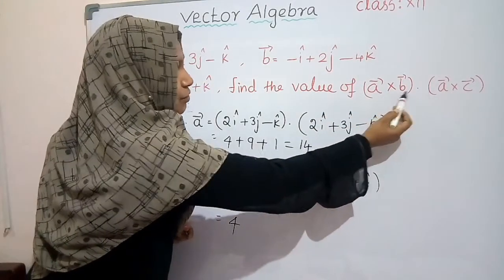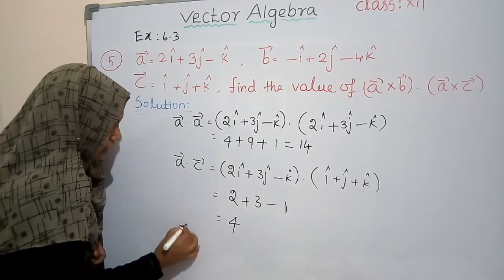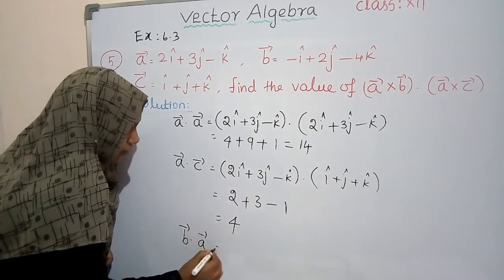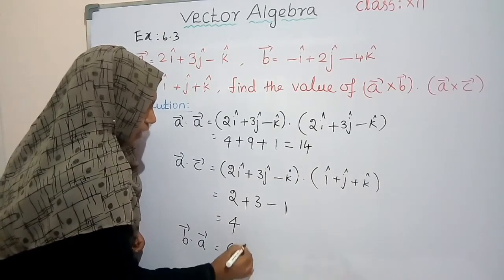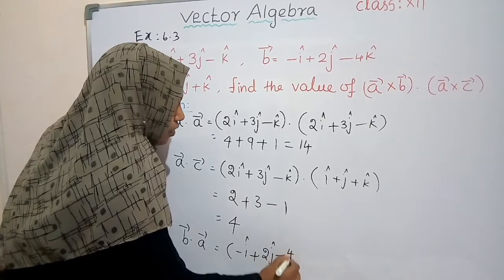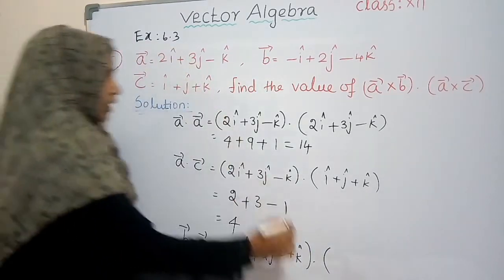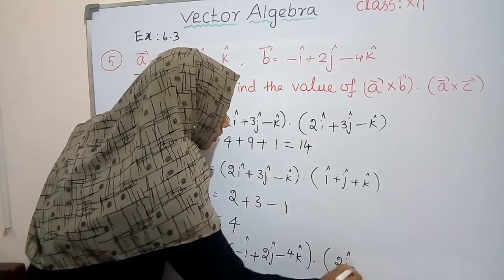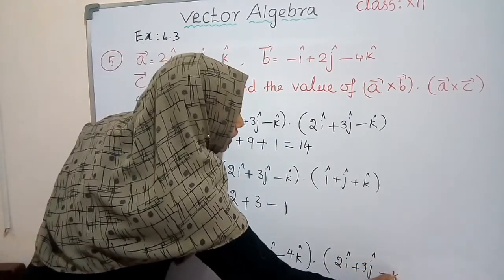Again we can find the third one, that is second row first element: B vector dot A vector. So find B vector dot A vector. What is B vector here? It is minus i cap plus 2j cap minus 4k cap dot A vector value, again 2i cap plus 3j cap minus k cap.